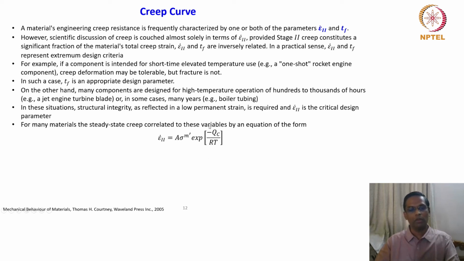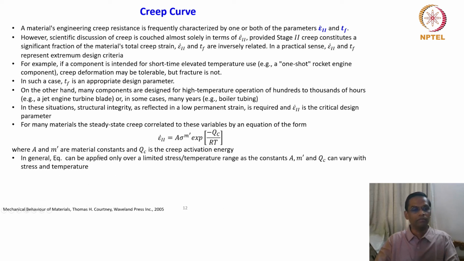Okay, because we are talking about a steady state creep, where A and m prime are material constants, QC is the creep activation energy. So now we have a background to understand QC. The initial slides we have just discussed how QC is perceived and how it is discussed, right? So A and m prime are material constants.